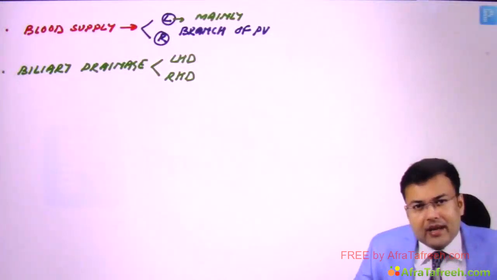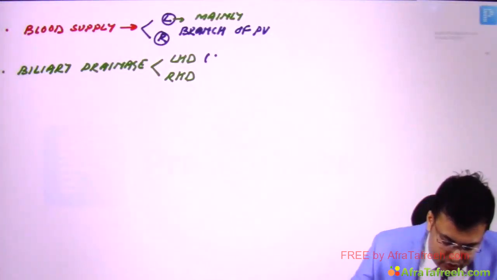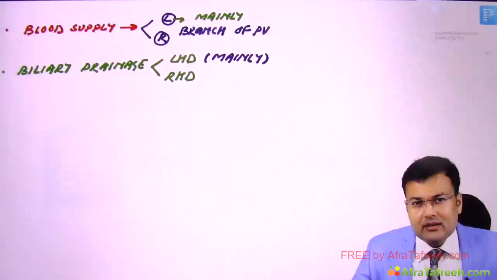Similarly, see the biliary drainage. The biliary drainage also goes to both the left hepatic duct and the right hepatic duct. Again, mainly to which hepatic duct? Mainly it goes to the left hepatic duct.